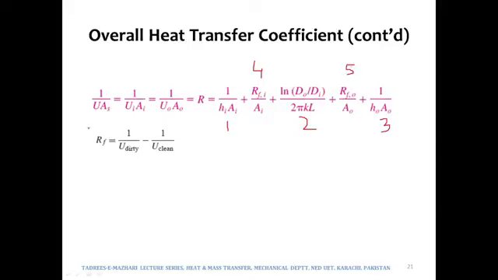And fouling resistance may be written as 1 over U dirty minus 1 over U clean, where U clean refers to the heat exchanger without fouling, and U dirty refers to the heat exchanger with fouling.